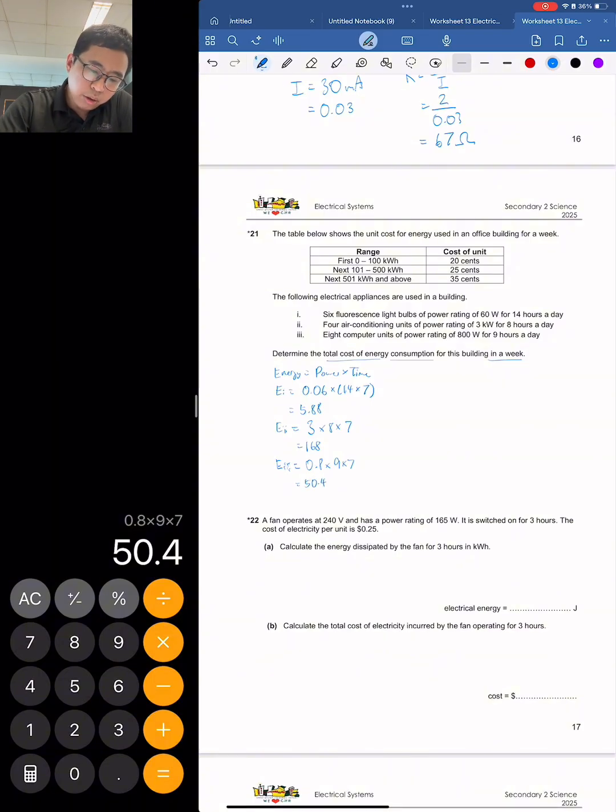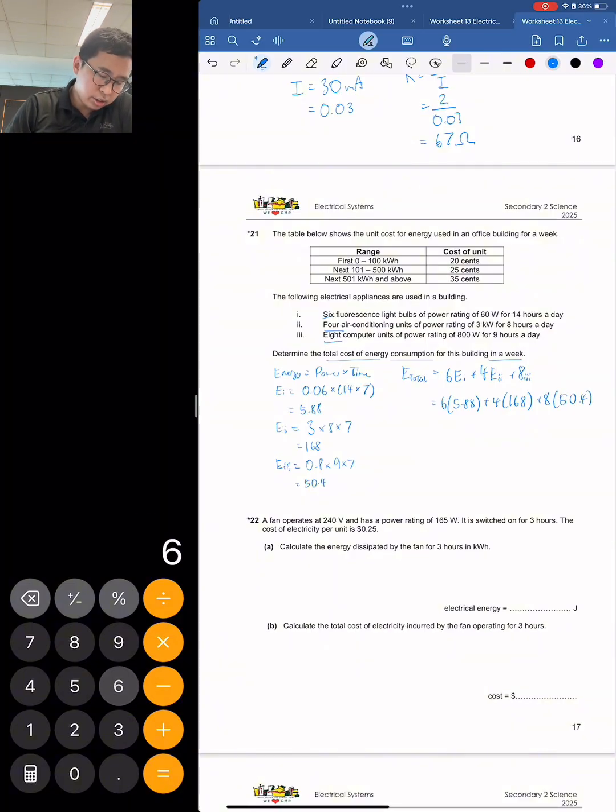So the E total, because we still have the number of each item, we need 6 E1 plus 4 E2 plus 8 E3 equals our answer. So it's 6 times 5.88 plus 4 times 168 plus 8 times 50.4.